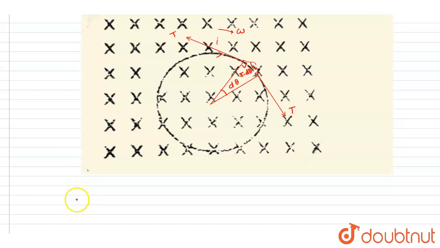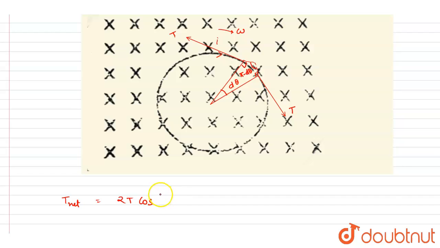So if I write down the net centripetal force here, that is because of this tension, the net tension force acting here, T net, will be equal to 2T cos. We know that when the magnitudes of the vectors are equal, we write 2a cos theta by 2.